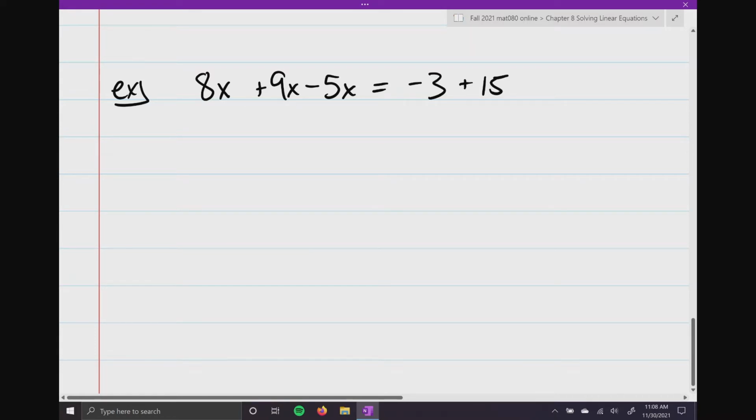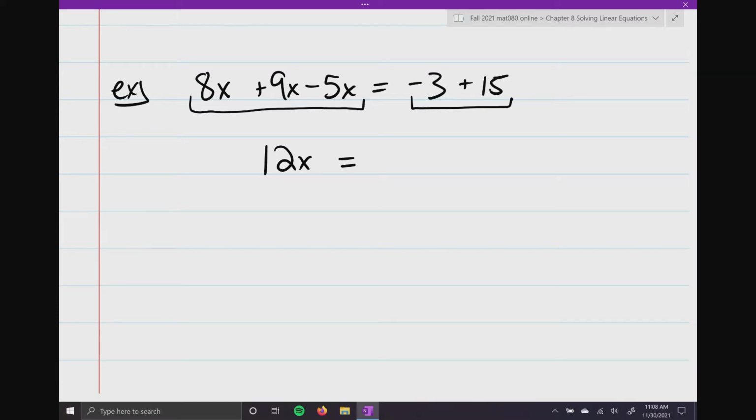Step 2, I don't see any parentheses, so I don't have to worry about the distributive property. Step 3, I got to look over here and ask myself, can I combine like terms? The answer is yes. So I'm going to do it. Notice they all have the letter x, and they're all raised to the first power. So I can combine all of them. So 8 plus 9 is 17, and 17 minus 5 is 12x. Equals, now I look on the right-hand side, can I combine anything on the right? The answer is yes. -3 plus 15 is 12.